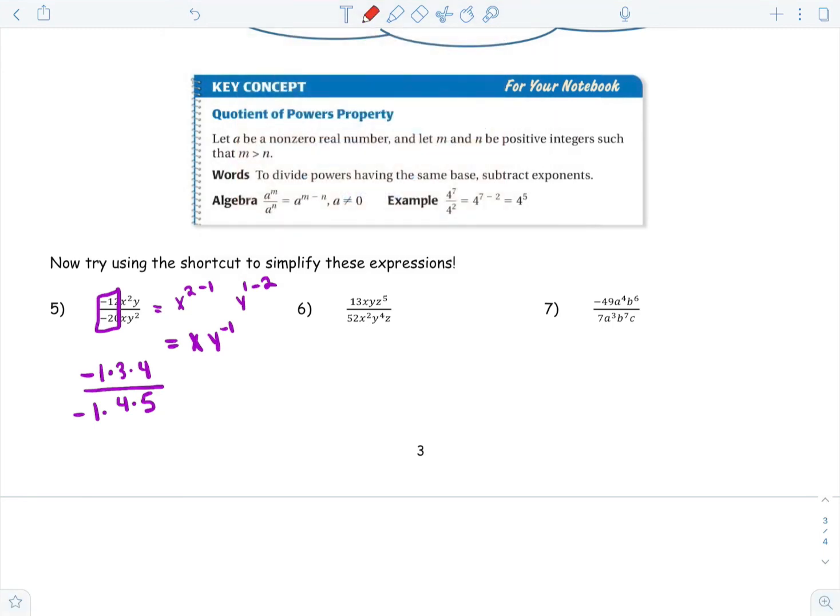All right, we just broke those down. And we're going to eliminate like factors. So negative 1s can cancel. The 4s can cancel. And we're left with 3 over 5.